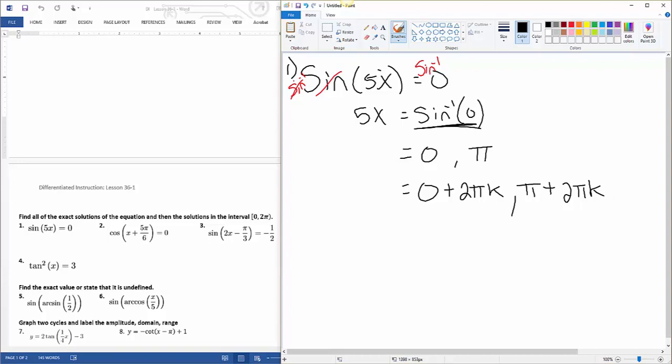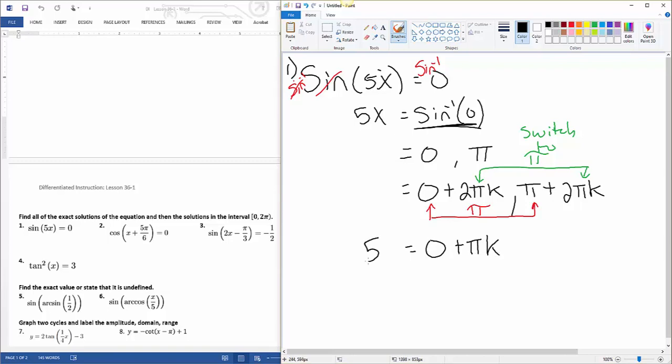But notice the distance between this to this is pi. So that means that it's cyclic by pi, so I can actually combine these together into one statement. And so instead of going by a distance of 2 pi every time, I can switch that into pi. So then I can combine these together and say 0 plus pi k.